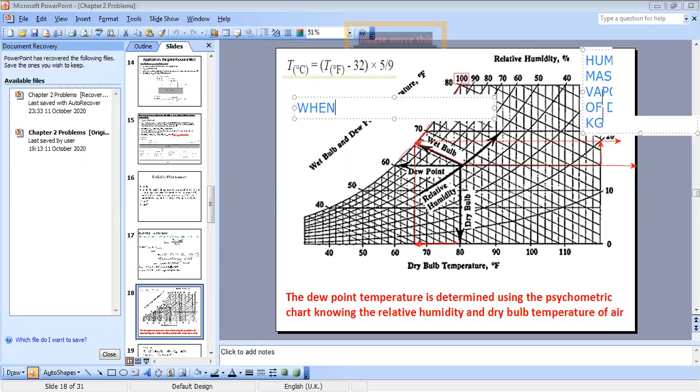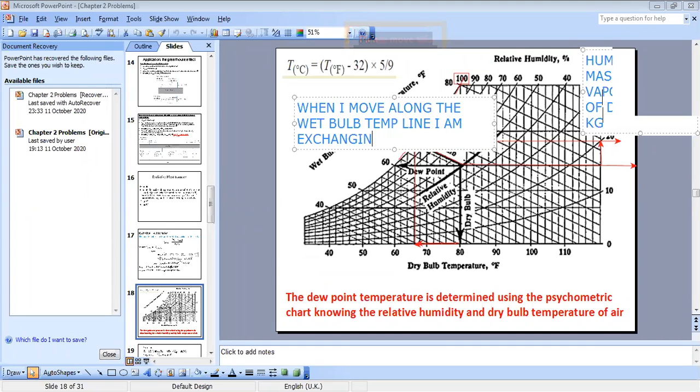When I move along the wet bulb temperature line, I am exchanging between sensible and latent heat.